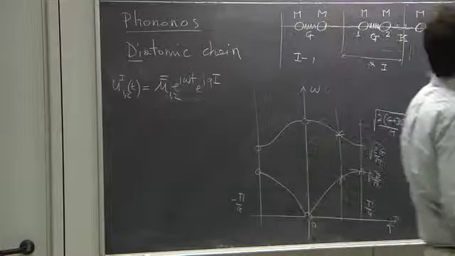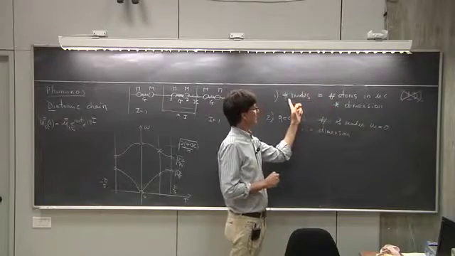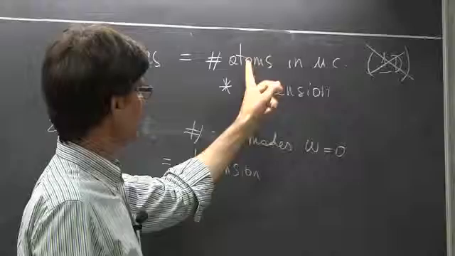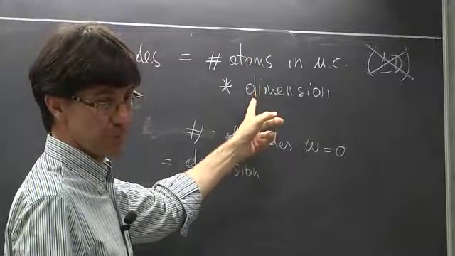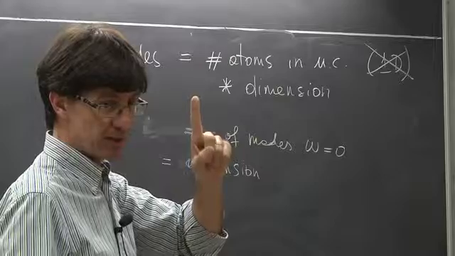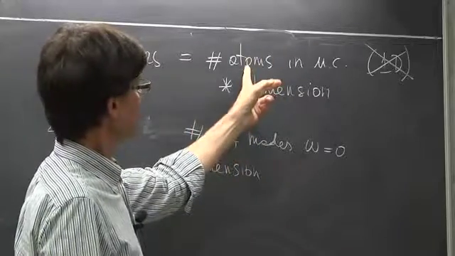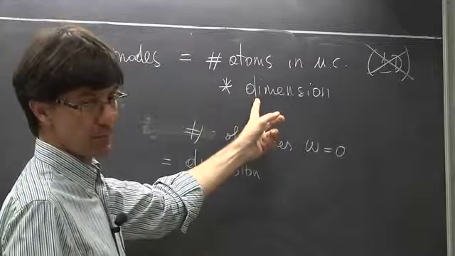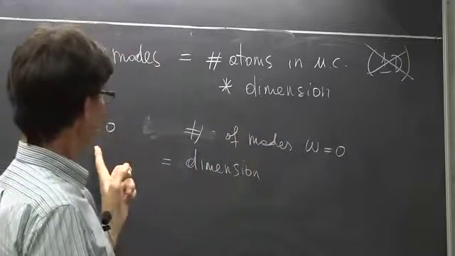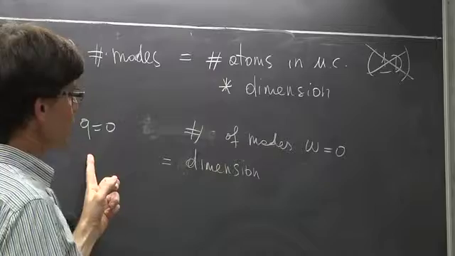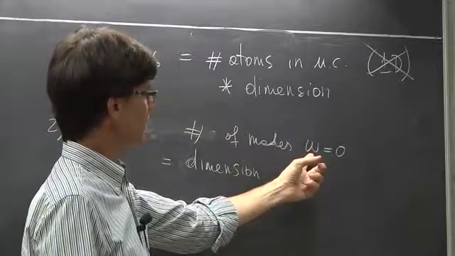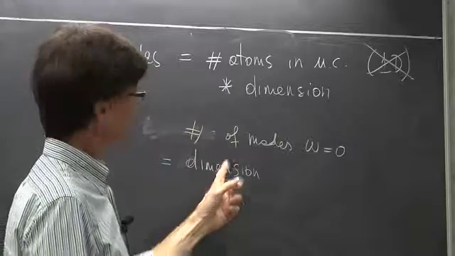Now, let me connect it to this statement here. The number of modes at any value of q is equal to the number of atoms in the unit cell times the dimension. Suppose that I have 1 atom per unit cell. The number of atoms per unit cell is 1, so the number of modes at any q is equal to the dimension of the problem. If I look at q equals 0, the number of modes with 0 frequency is equal to the dimension of the problem.